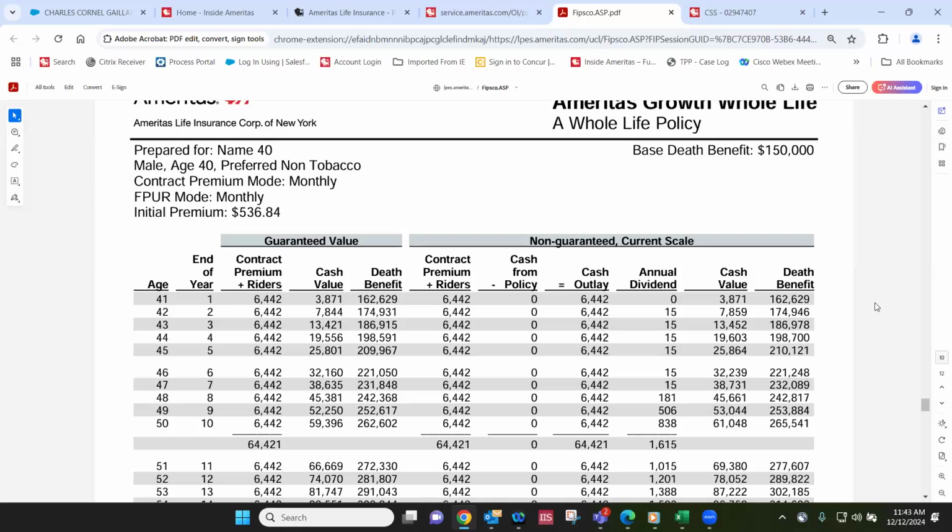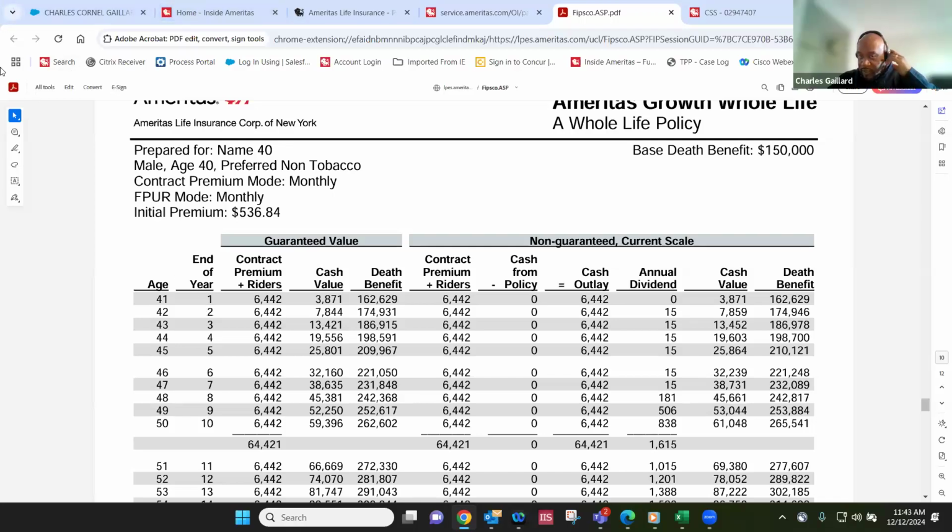So with option B, your net amount at risk, which is the difference between your death benefit and your account value, should stay level. That remains level until you flip it back to option A, and then your net amount at risk will actually start decreasing as that value shrinks over time between your death benefit and your account value, if that makes sense.